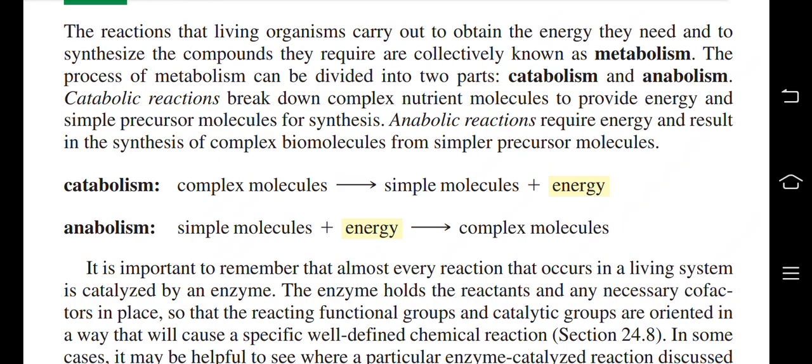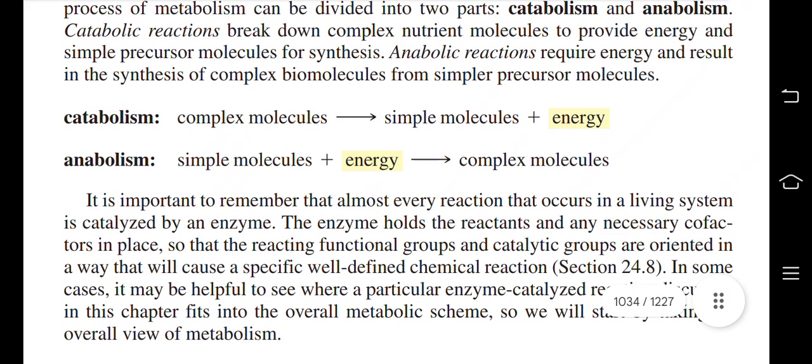Catabolic reactions break down complex nutrient molecules to provide energy and simple precursor molecules for synthesis. Anabolic reactions require energy and result in the synthesis of complex biomolecules from simpler precursor molecules. Catabolism converts complex molecules into simple molecules plus energy, and anabolism converts simple molecules plus energy into complex molecules.